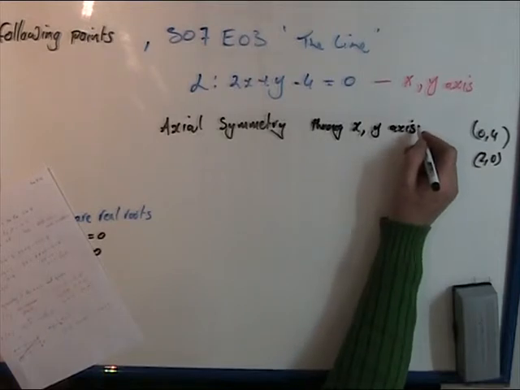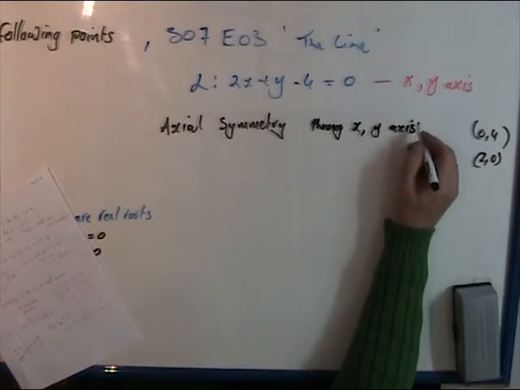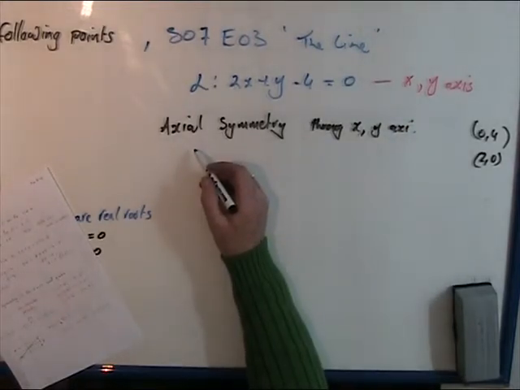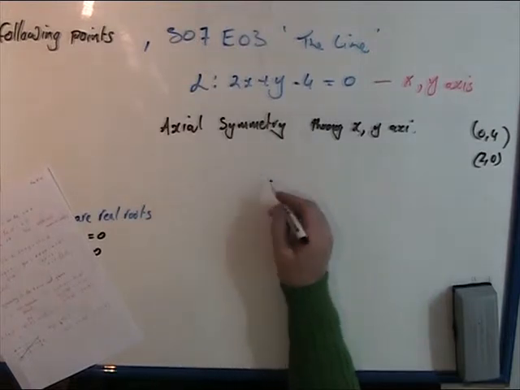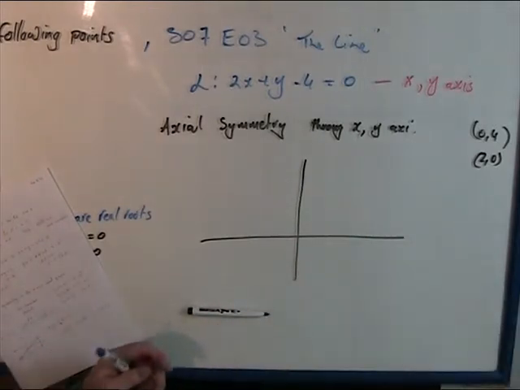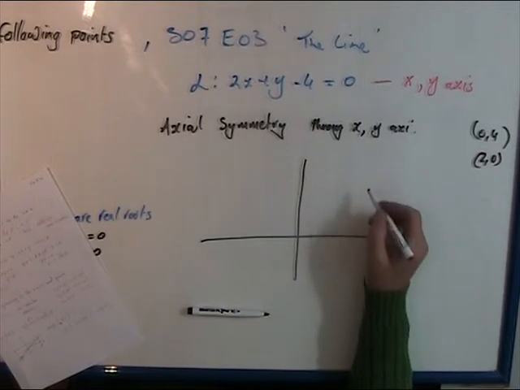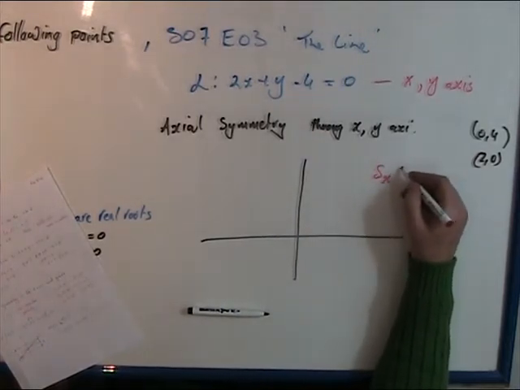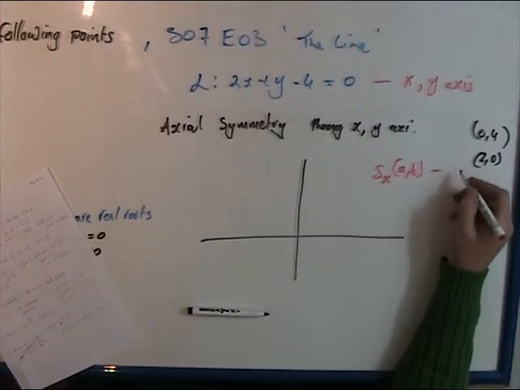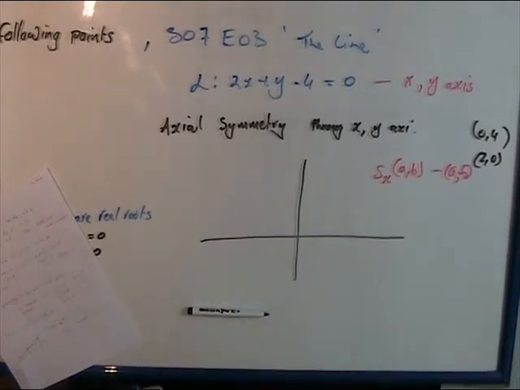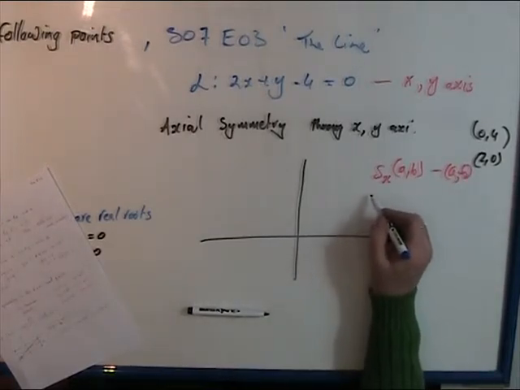Axes, plural. Anyway, if I wanted to find the image of a point, say I'm going to draw a point here now, there are formulas. So S of x means what's the image of the point through the x-axis? For the point (a, b), we would reverse one of them, and the answer would be (a, minus b). And I'm going to give you an example. So for example, I have (3, 1) here.